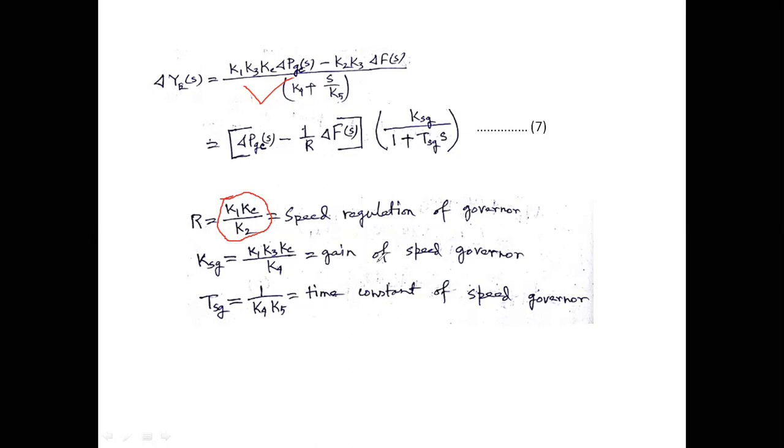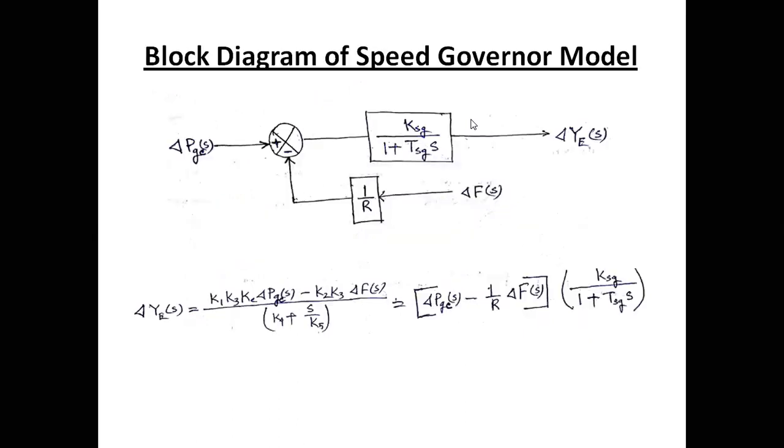Now KSG is the gain of the speed governor, and this expression is K1 K3 Kc divided by K4. And TSG is the time constant of the speed governor, that is 1 by K4 K5. So these are the three parts, and this is a familiar equation for control system, so you can easily find out the block diagram for the speed governor system.